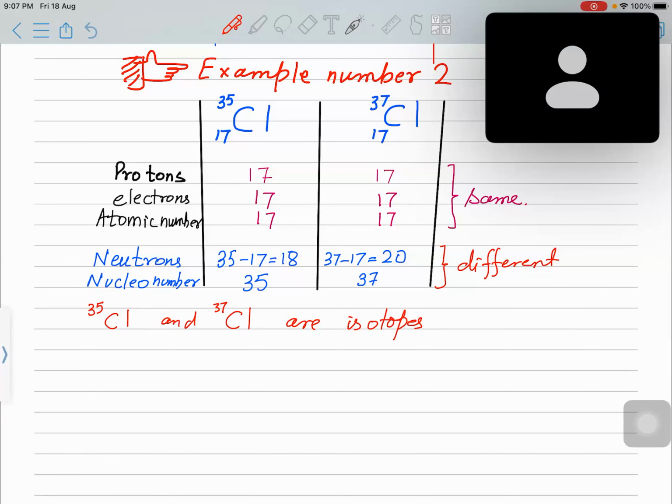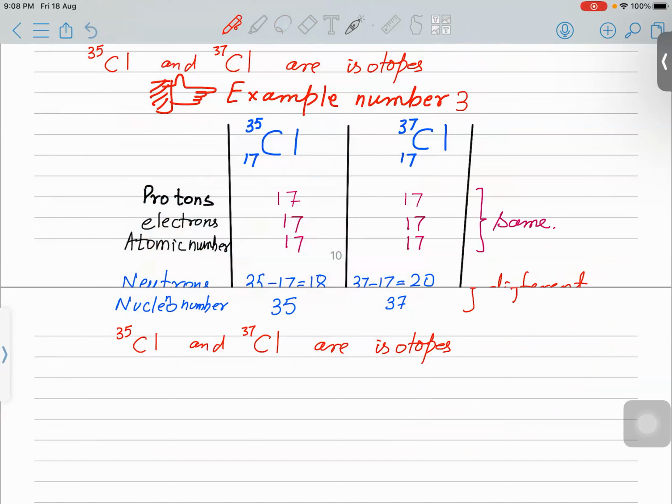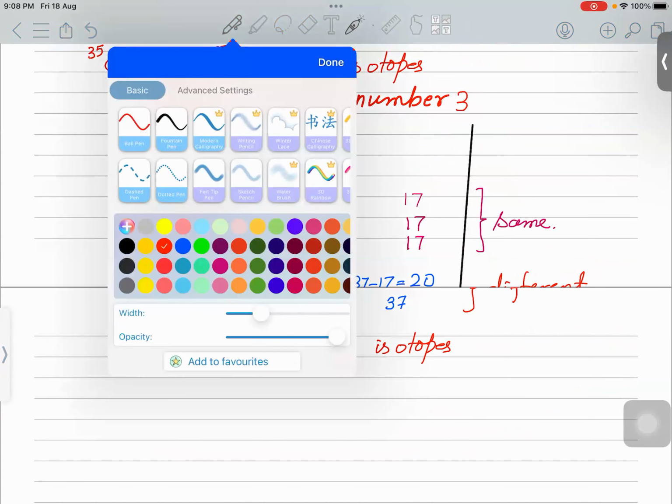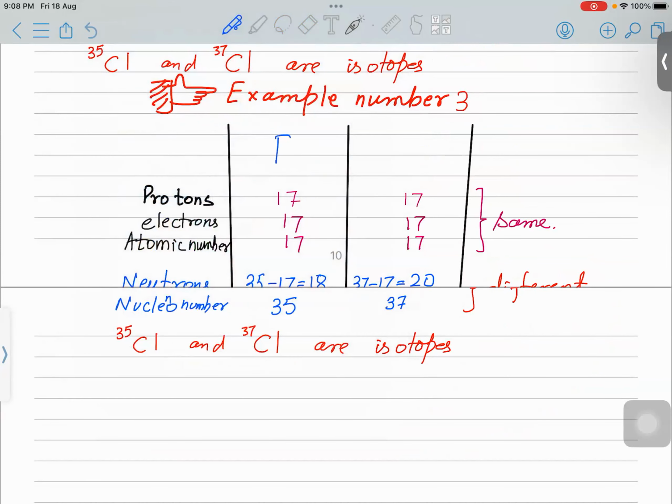Now move to another example. Example number 3. Our topic is isotope, right? Example number 3 is bromine.